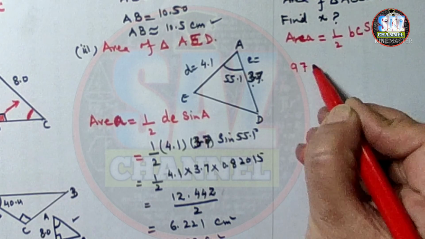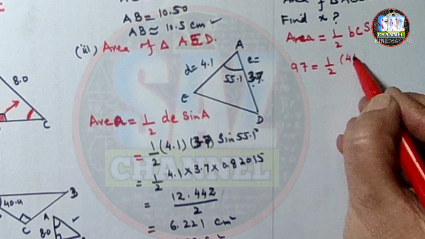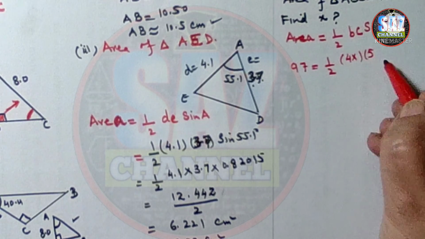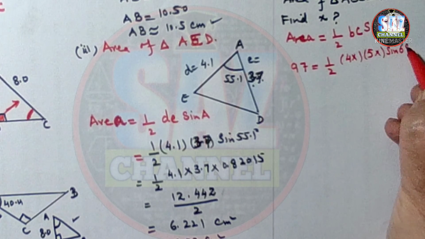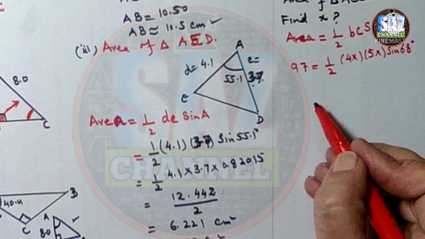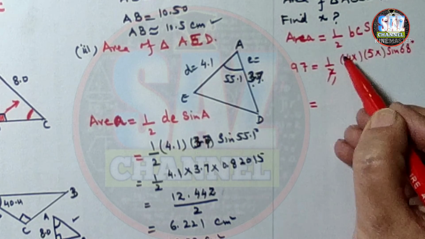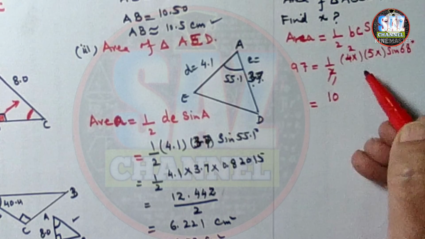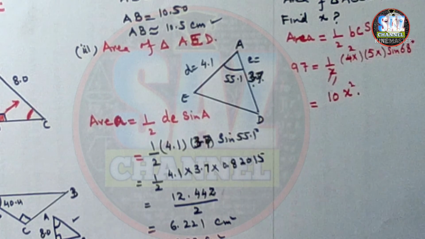So 97 equals half into 4x multiplied by 5x, and sine of 68 degrees. Now it's up to you. 2 ones are 2, 2 twos are 4, 5 twos are 10, and when x is multiplied by x, it becomes x square.